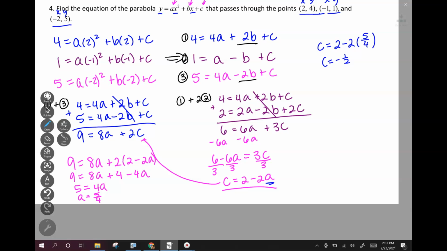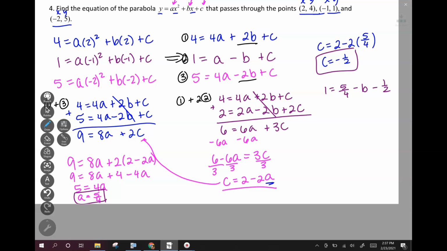Okay, so now I'm going to plug in my a, which was 5/4, and my c, negative 1/2. I'm going to plug those in to either of my 1 through 3 equations here. So I'm going to choose equation 2, looks easy. So 1 equals a, which was 5 over 4, minus b plus c, negative 1/2, so minus 1/2.